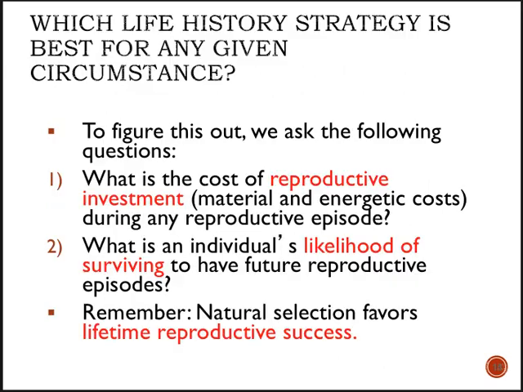So which life history is better for any given circumstance? We have to figure it out by asking a couple questions. The first question is, what is the cost of reproductive investment? Now, cost makes it sound like money, and at least for humans, money is a stand-in for cost. We've talked about this earlier when we were in natural selection.